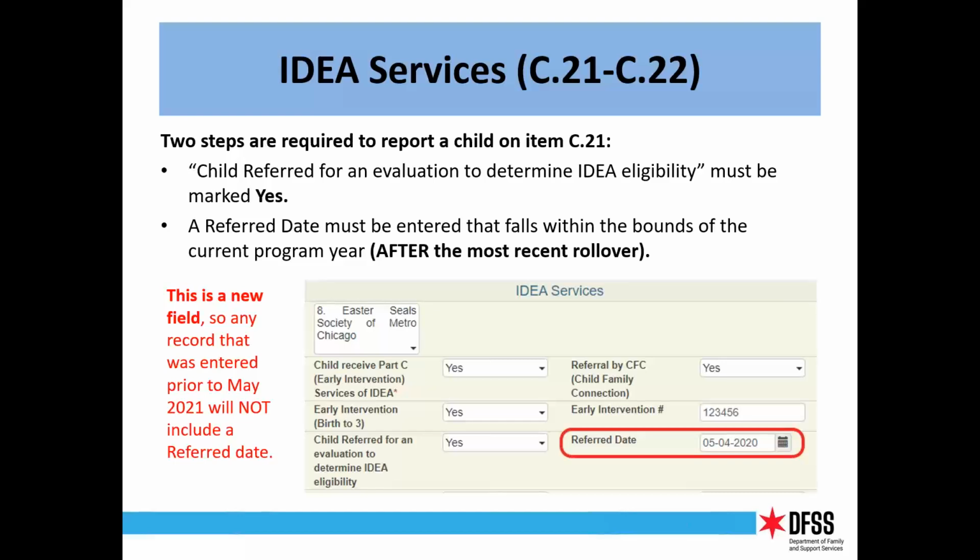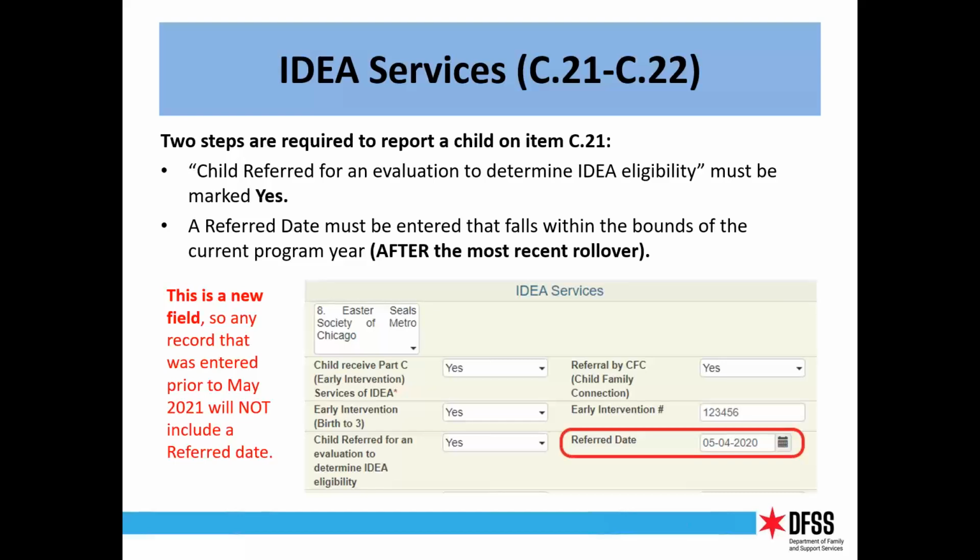But the second part is a new field that was just added to COPA a matter of weeks ago, and that is the referred date. And a date must be entered that falls within the bounds of the current program year. Again, that means after September 8th. And any child who has a date after September 8th in that field will show up on item C21.